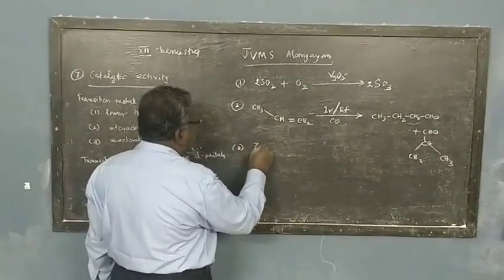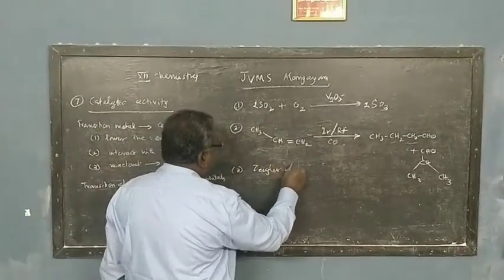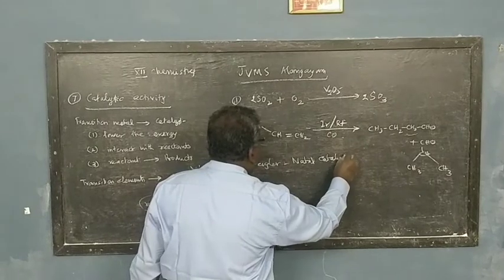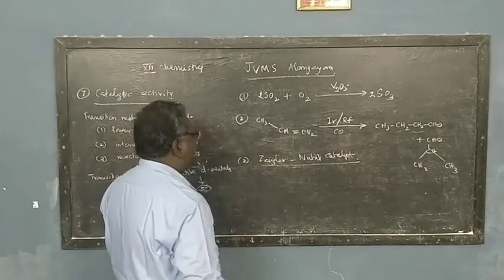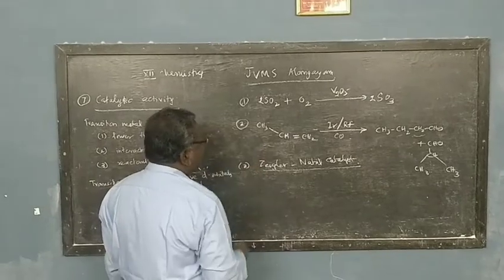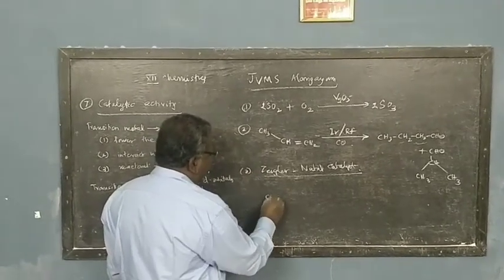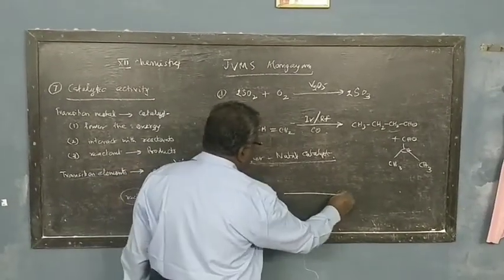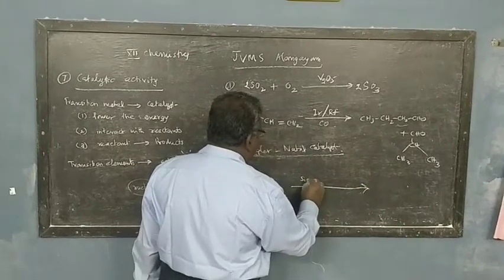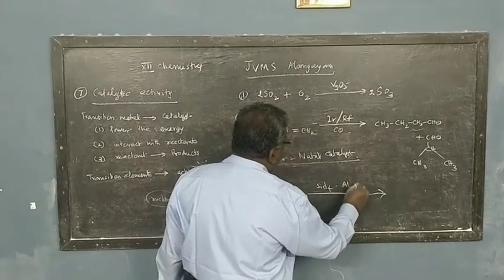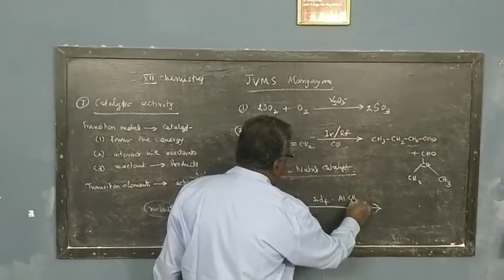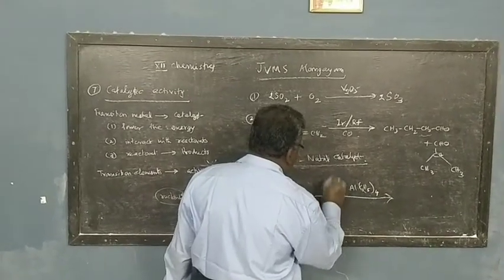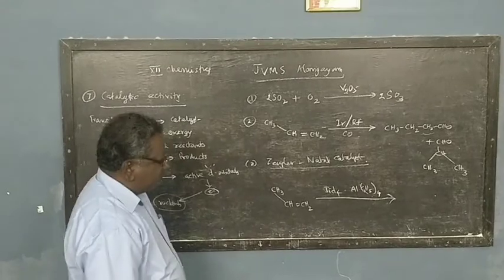And then we have the Ziegler-Natta catalyst. In this reaction, propene, CH3CH=CH2, undergoes polymerization with 2 substances, titanium tetrachloride with triethyl aluminum, or titanium tetrachloride with tetraethyl aluminum.